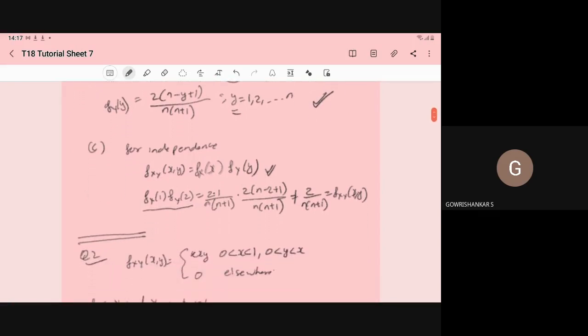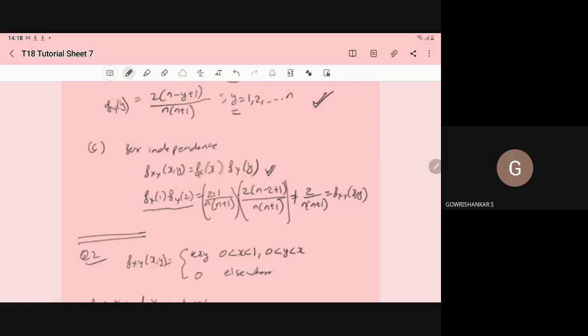When we put in the values, this is the value of f_X and this is the value of f_Y: 2 into x upon n into (n plus 1), and 2 into (n minus y plus 1) upon n into (n plus 1).